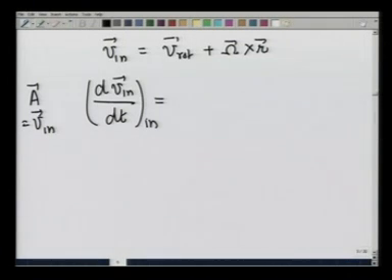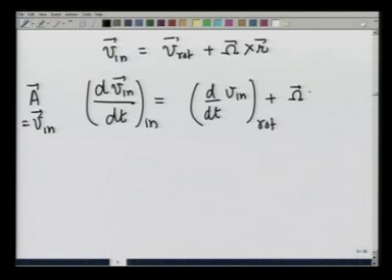So, d by dt of v inertial is going to be d by dt of v inertial observed in the rotating frame plus omega cross v inertial. v inertial we have already seen as this.